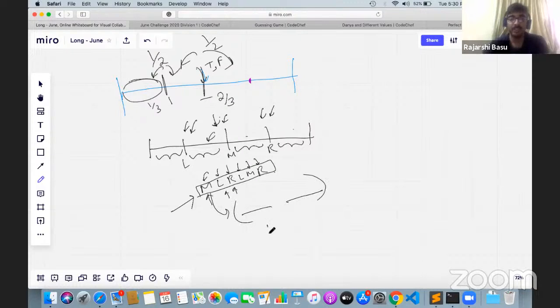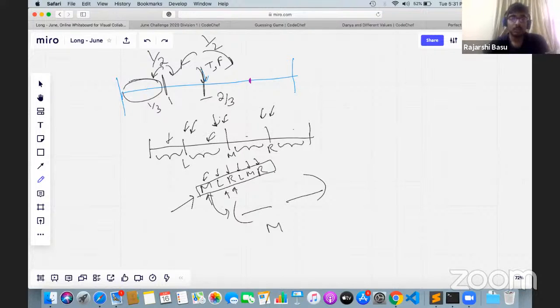Let's say M gives you either these two regions or these two regions. Left gives you either the last three regions or the first region, and so on. If there is a common region among all sequences, then obviously you can say this is where my number might lie. But if you brute force this and generate up to, let's say, 5 or 6 query sequences, even then it's not possible to get such a specific region.